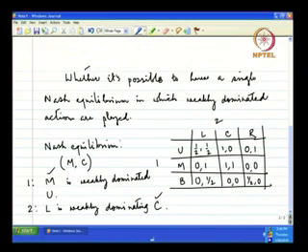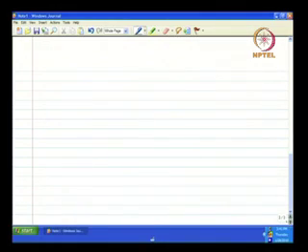So, here we have an example where players have weakly dominated actions and they are being played in the unique Nash equilibrium that the game has. So that was one case and one example of weakly dominated actions and how they can be played.